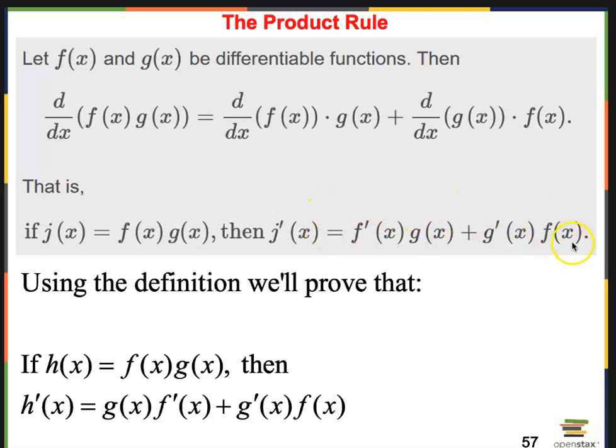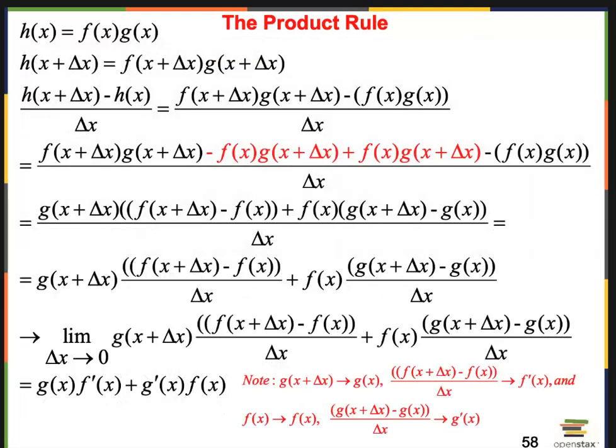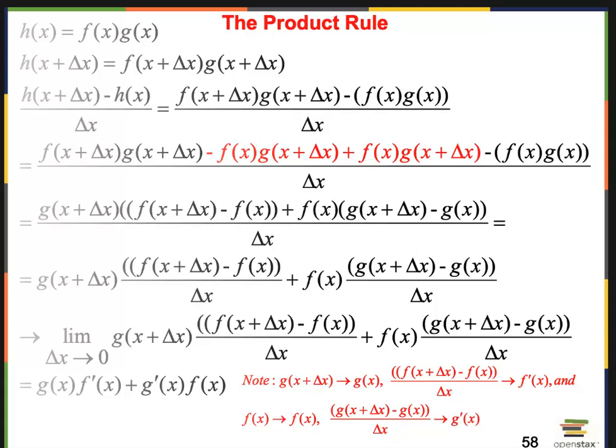So here's our product rule. And using the definitions, we can prove that. So again, we can look at the proof. If you want to spend a little more time, pause here and look over the proof and see how it comes out with our product rule.